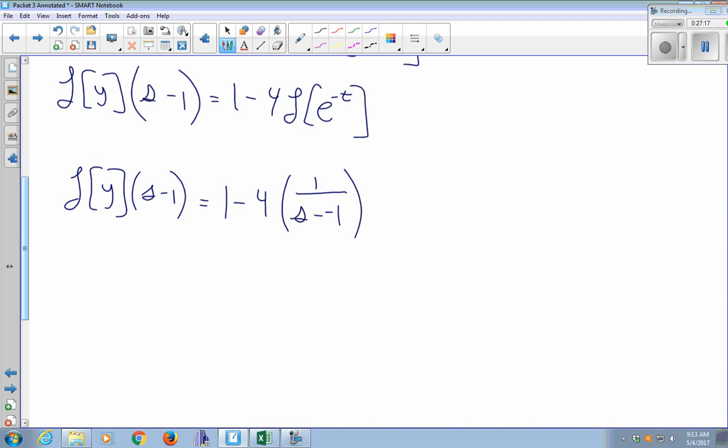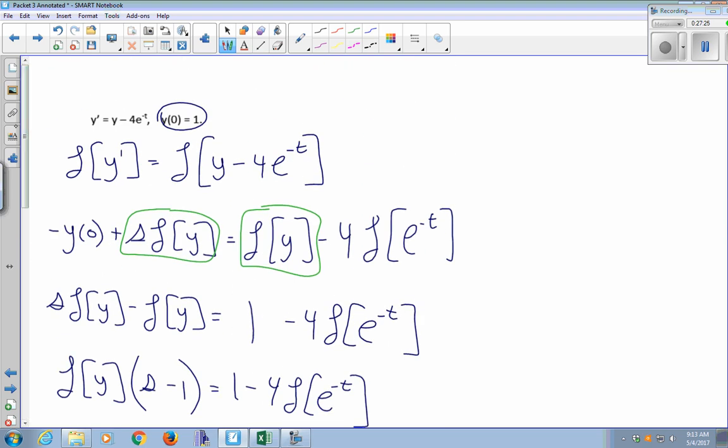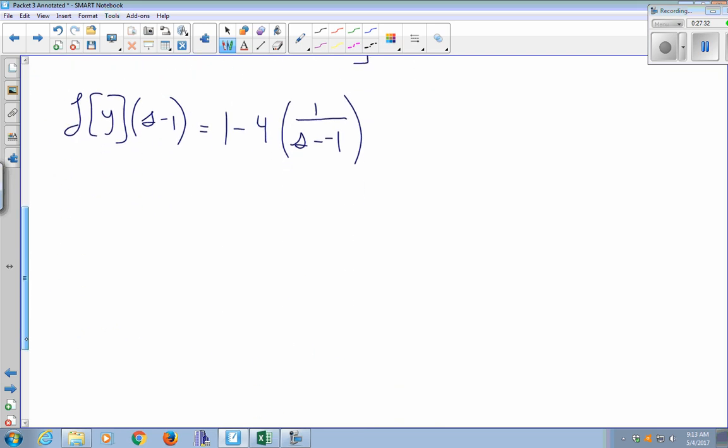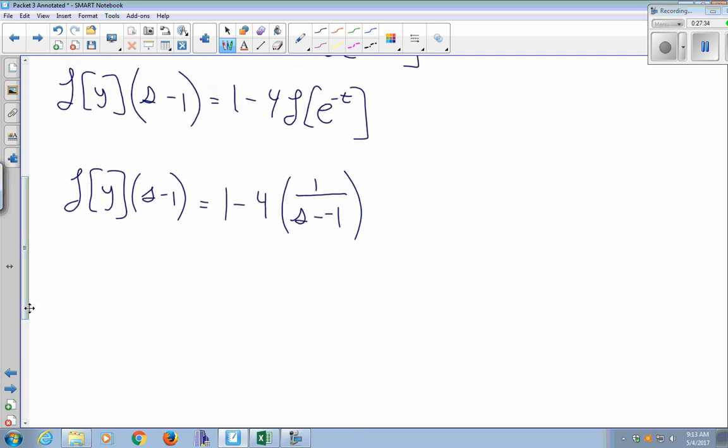All right, I'm going to solve for the Laplace of y. The idea is I want to find out what y is, right? That's the solution to my differential equation. I'm trying to find a function of y so that y prime is y minus 4e to the negative t. So I'm going to solve for the Laplace of y, which is close, almost y.